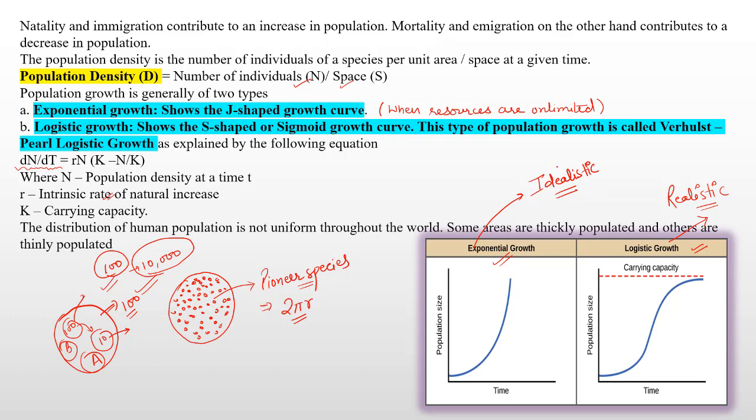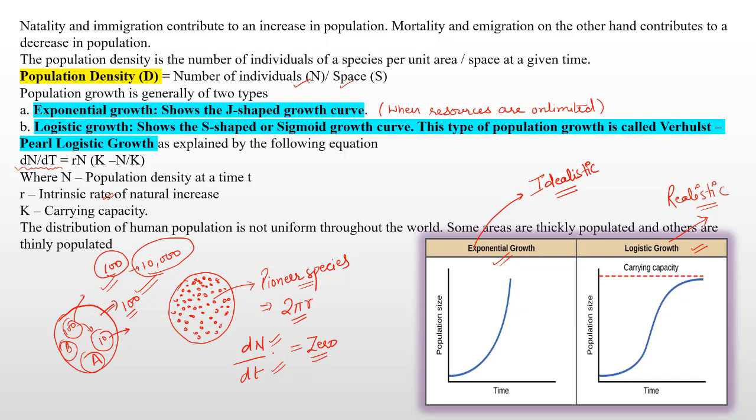Okay, one important question: in every logistic growth curve, initially, when dN by dt, meaning the change in the number of individuals in a given space, is constant, meaning it is zero, the change is zero.